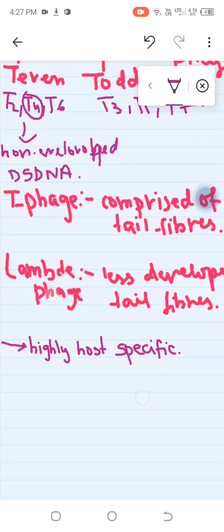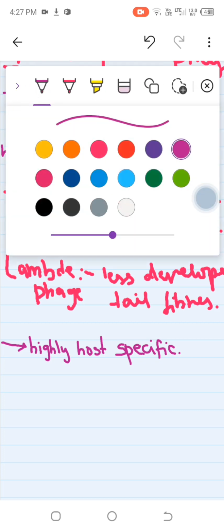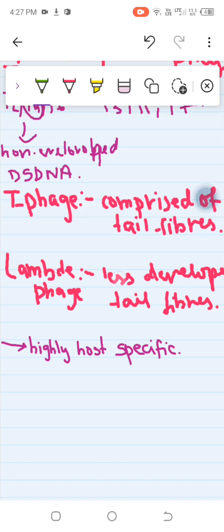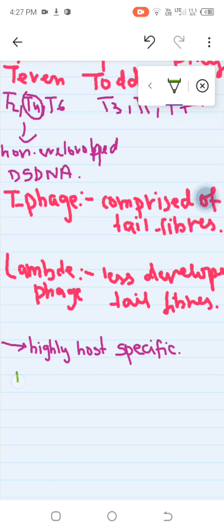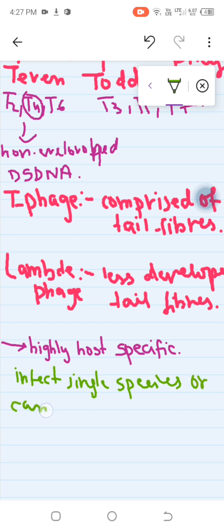They can infect only a single species, or they can infect various strains within a species.